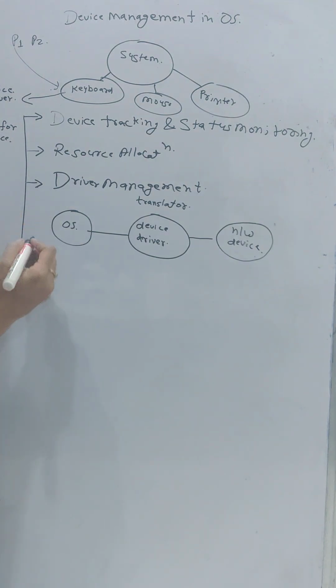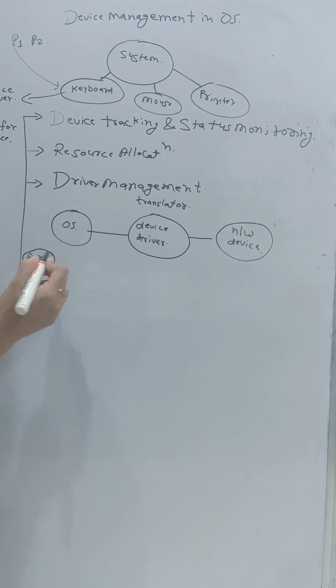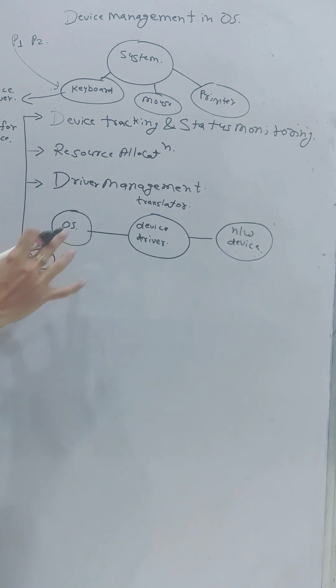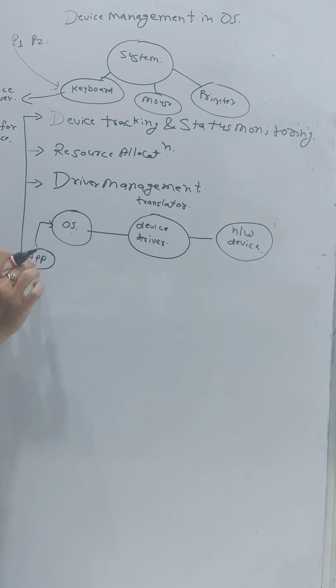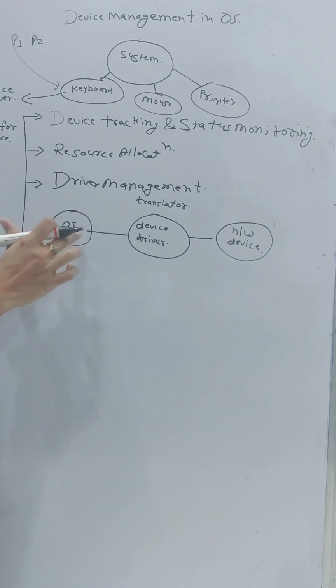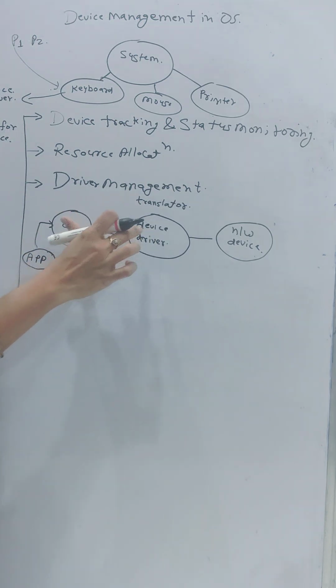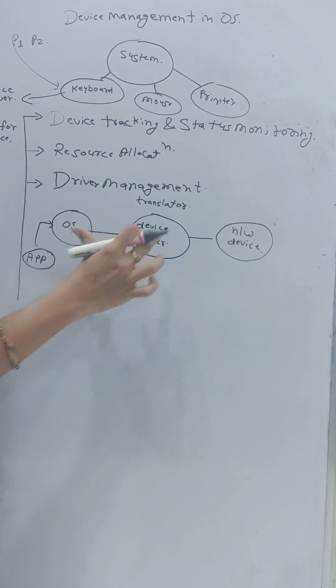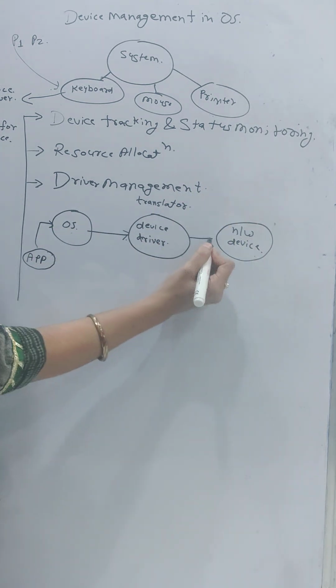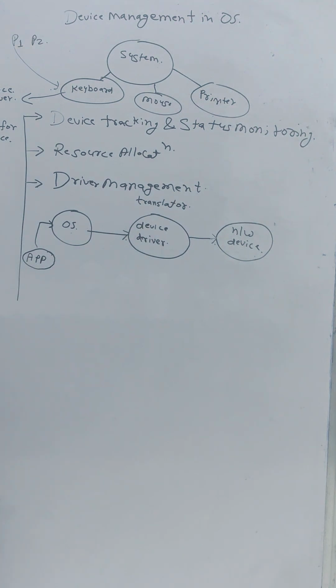Suppose an application wants to use a particular device. The application will contact the operating system. The operating system will contact the appropriate device driver. Suppose the application wants to use a printer, so the operating system will point to the device driver of the printer. Now the operating system communicates with the appropriate device driver, and the device driver executes its hardware device.